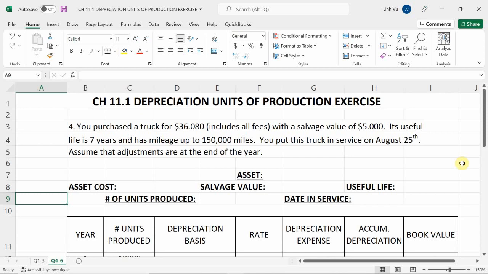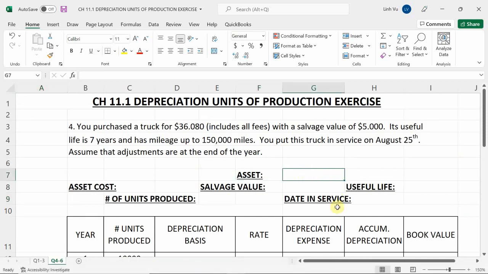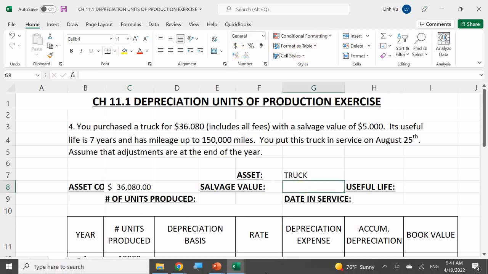Okay, so in this case, what did I buy? A truck. Okay, how much was the truck? $36,080. What's my salvage value? 5,000.